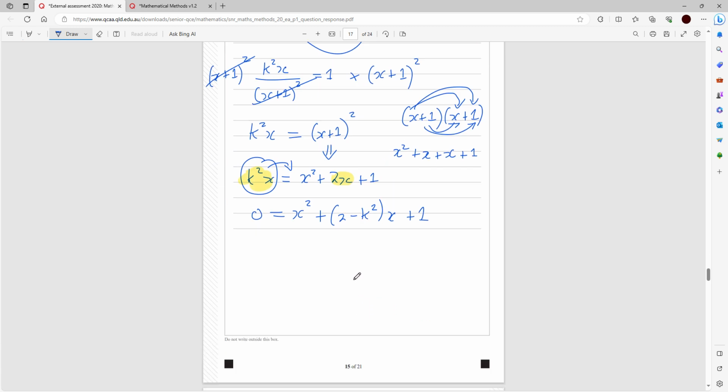Okay. So we are looking for real solutions. In order for them to be real solutions, that means there's no complex solutions, no powers, no i's, nothing like that. So since this is a quadratic, that means if they're real solutions, the discriminant is going to be positive or greater than 0.